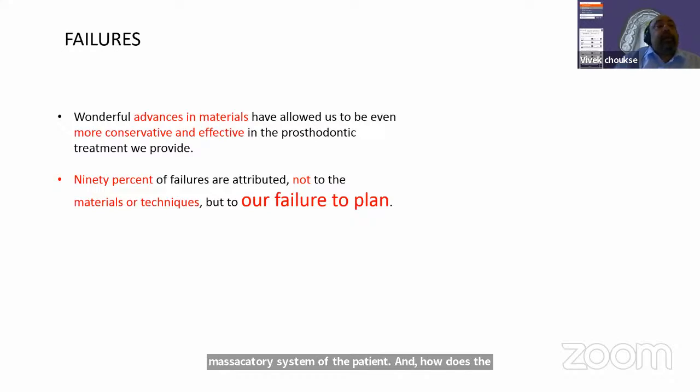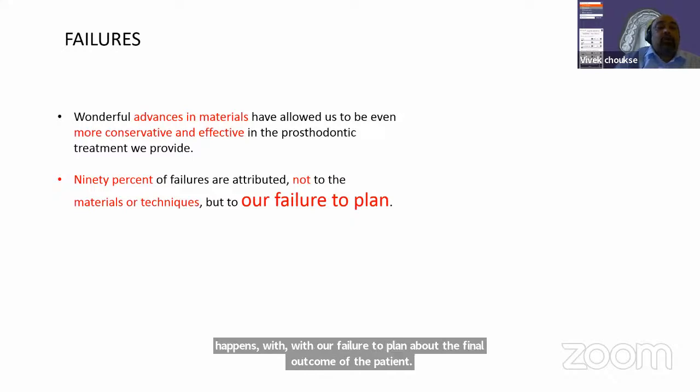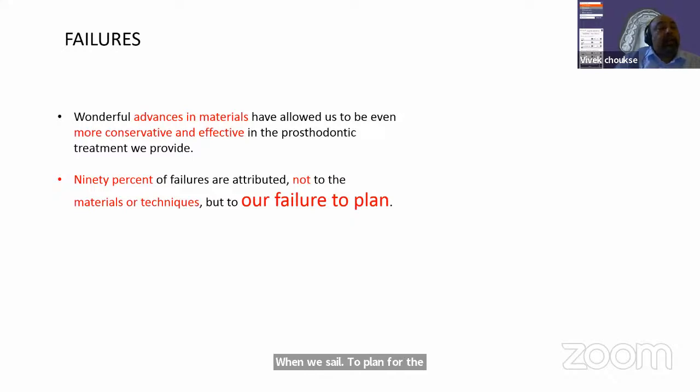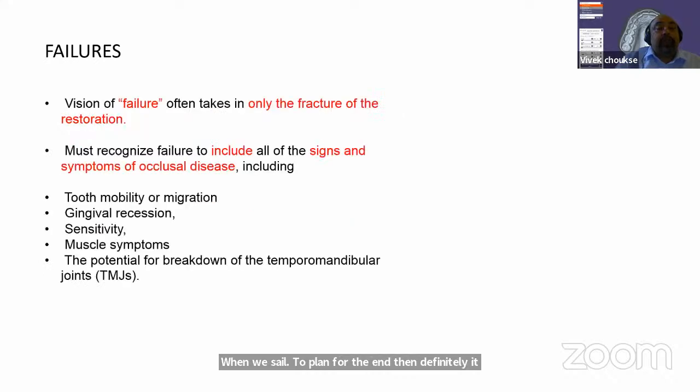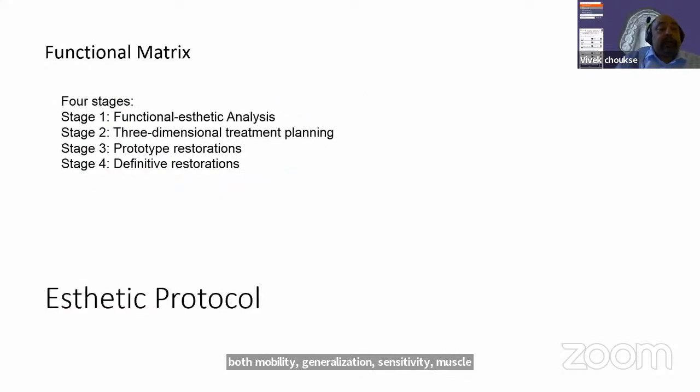Failure happens with our failure to plan the final outcome. When we fail to plan for the end, it will lead to failure. Failure is not due to fracture of the restorations, but our failure to acknowledge things like tooth mobility, gingival recession, sensitivity, muscle symptoms, and breakdown of the temporomandibular joints.